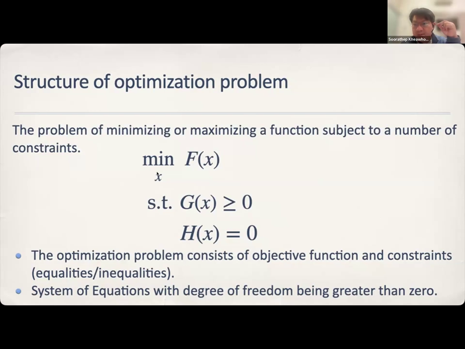This x, we call it decision variables. What does it mean? This is the variable we want to know. You want to adjust all these x. You may have x, y, z, or x1, x2, x3. It depends. No matter how many variables you have, if you can adjust them, and if they are independent, you can put them here, and we call them decision variables.